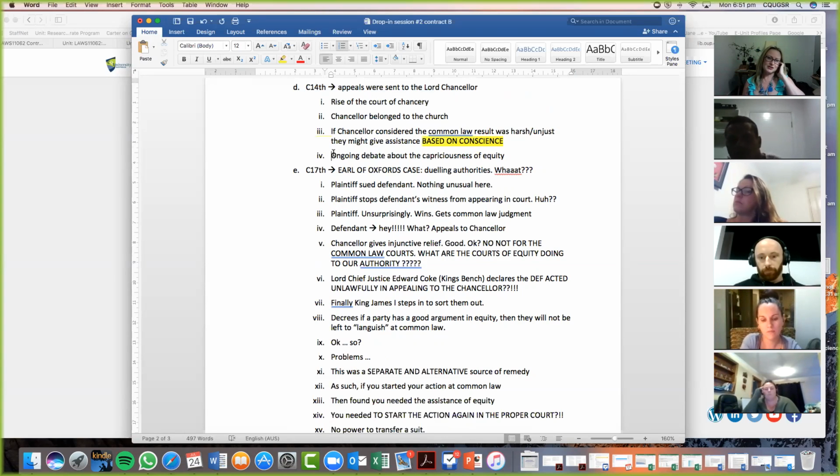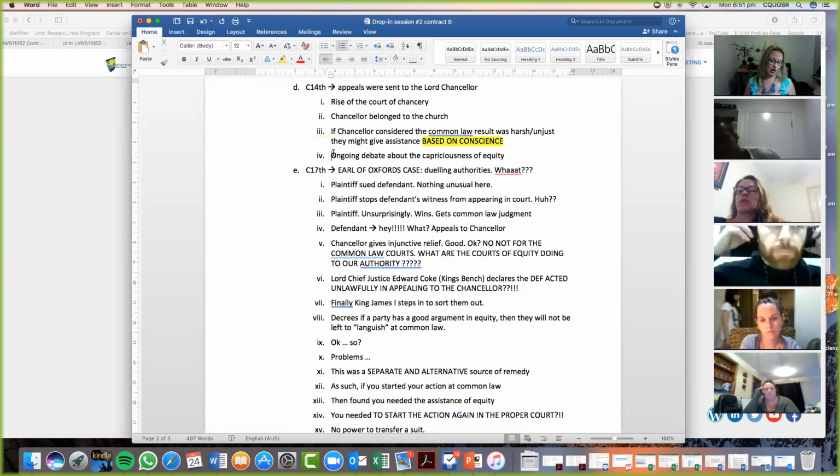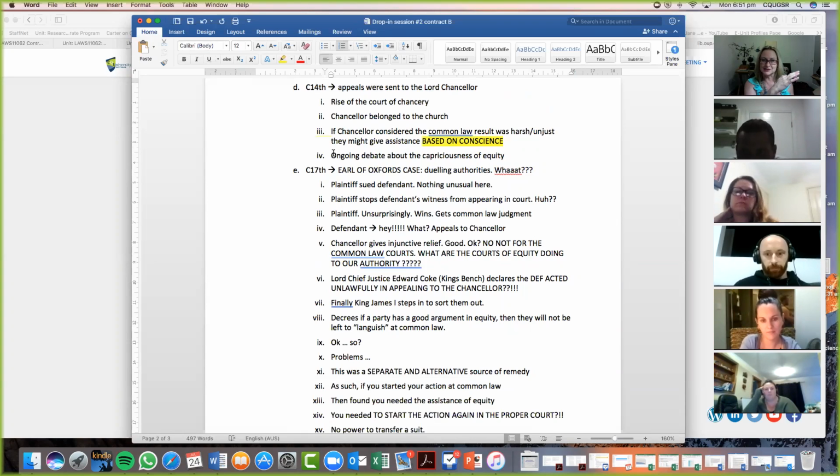So you had this growing concern that equity was really quite a capricious thing, and it got described as being rather like saying equity decides things according to the length of the Chancellor's foot. Now, of course, one chancellor's foot was not the same length as another, nor another, nor another. So the point being, you couldn't depend on equity as this kind of reliable body of case law.